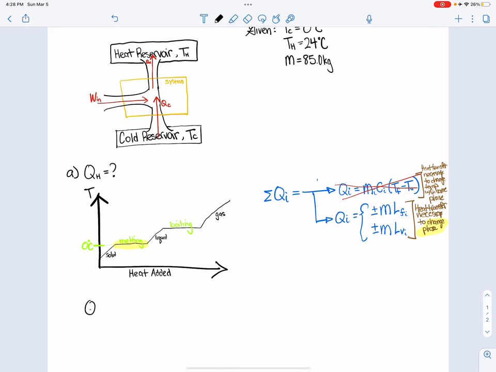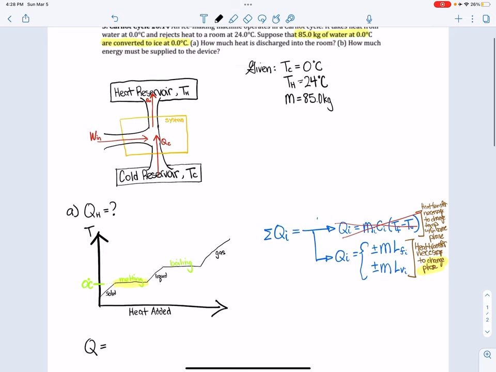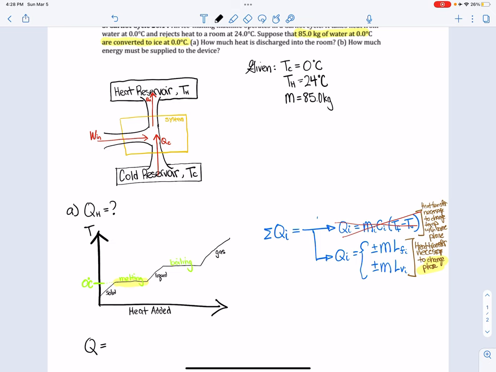Okay? So then I could say that the heat transfer necessary to change phase for that problem of having 85 kilograms of water at 0 degrees Celsius and turning it into ice at also 0 degrees Celsius would be equal to, it would be minus, right? Because we have plus or minus here.